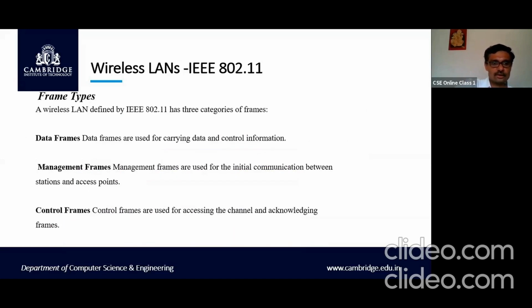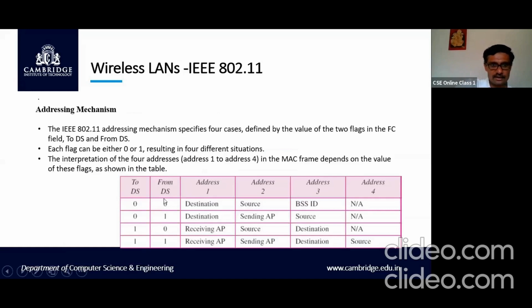So those communications are differentiated here by these two bits, to DS and from DS. D stands for destination and S stands for source. So here you can see 4 addresses. The IEEE 802 addressing mechanism specifies 4 cases here.